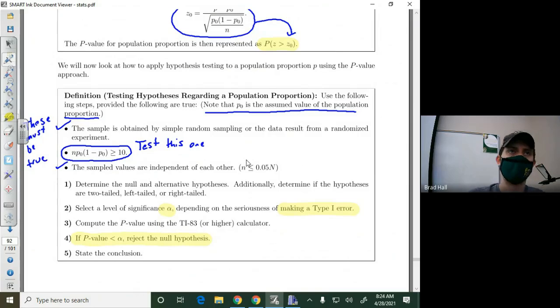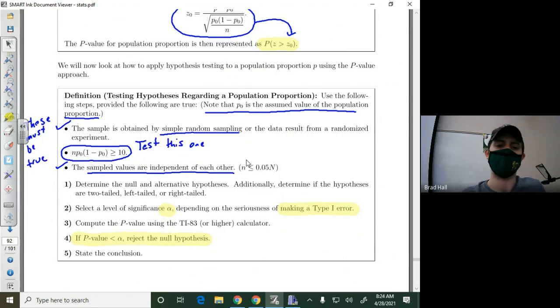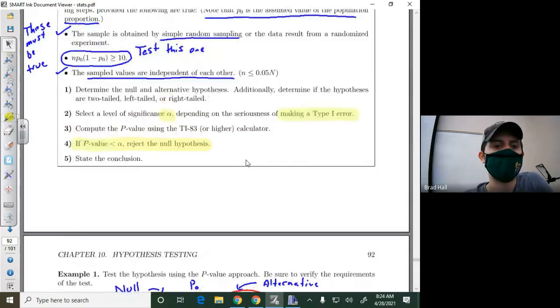However it asks you, you will verify those 2. So for the 3 conditions, you need to pick whatever choices correspond to saying there is a simple random sampling and the sampled values are independent of each other.